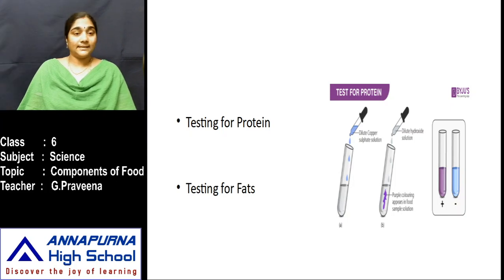Or you can also say that if the paper turns translucent, we confirm that the food substance consists of major amounts of fats in it. So these are the three methods which tell whether the given food substance consists of a carbohydrate, protein or fats.